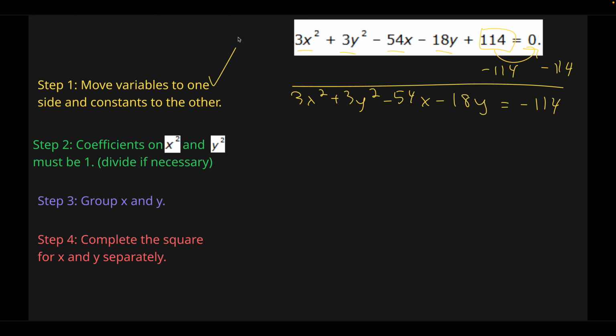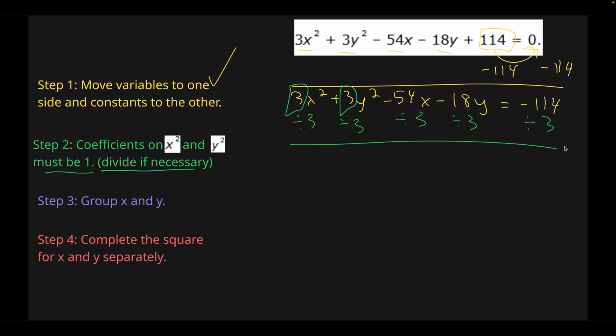Step one is done. Step two in green: coefficients on x squared and y squared must be 1. Coefficients are the number in front of the x squared and y squared, so these threes need to be 1s. In order to do that, we divide if necessary. It's really important here that you divide every single term, every single number, by the 3.